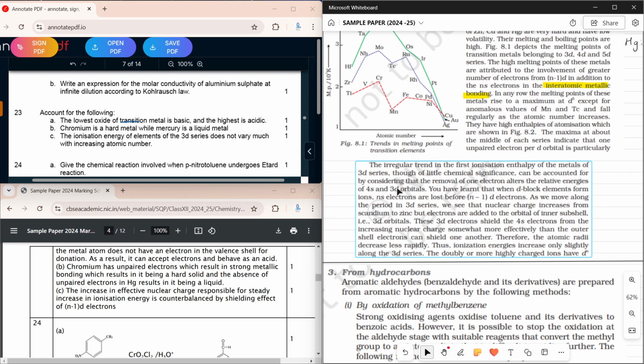The 3d orbitals make sure that the nuclear charge doesn't affect the 4s as strongly as it would. So the increase in nuclear charge is counterbalanced by the shielding effect, and because of this, you observe an irregular trend in the ionization enthalpy.